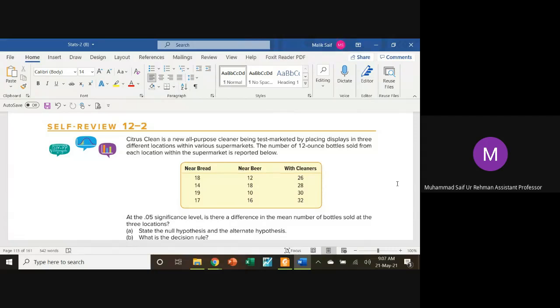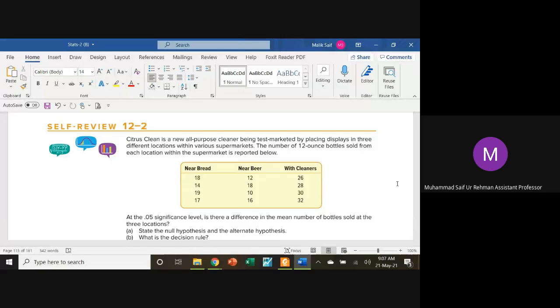So there are various supermarkets where they are going to place the Citrus Clean, that is a cleaner. Okay, so they want to check basically at which place it would be better to place the cleaner.